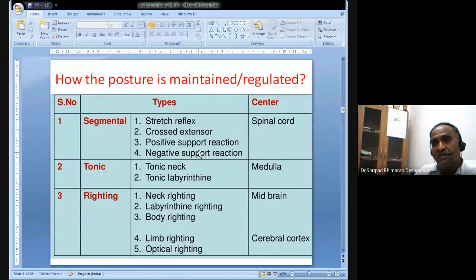The neck, labyrinthine, and body righting reflexes are located in the midbrain, and the optic righting reflex is present in the cerebral cortex.